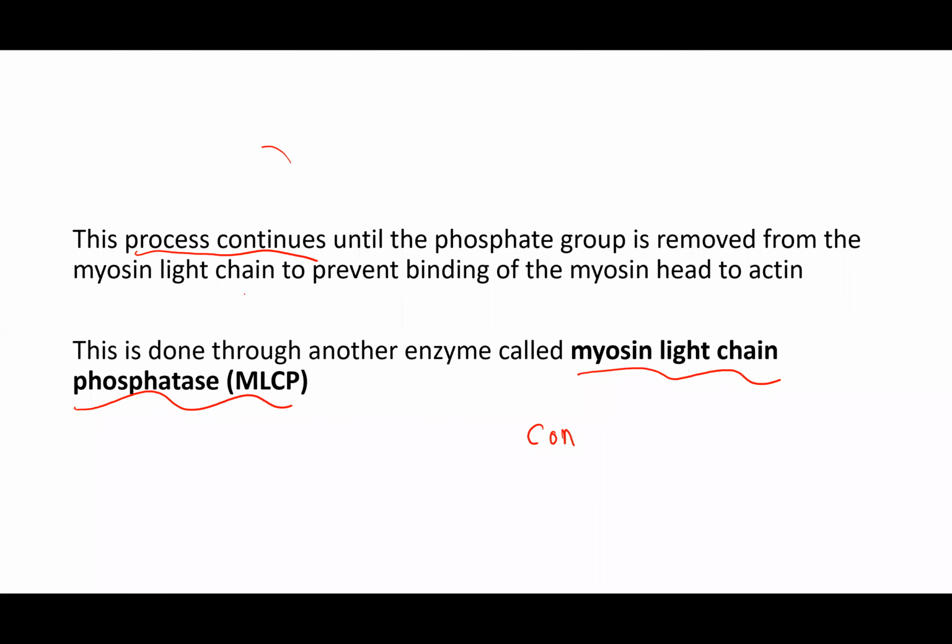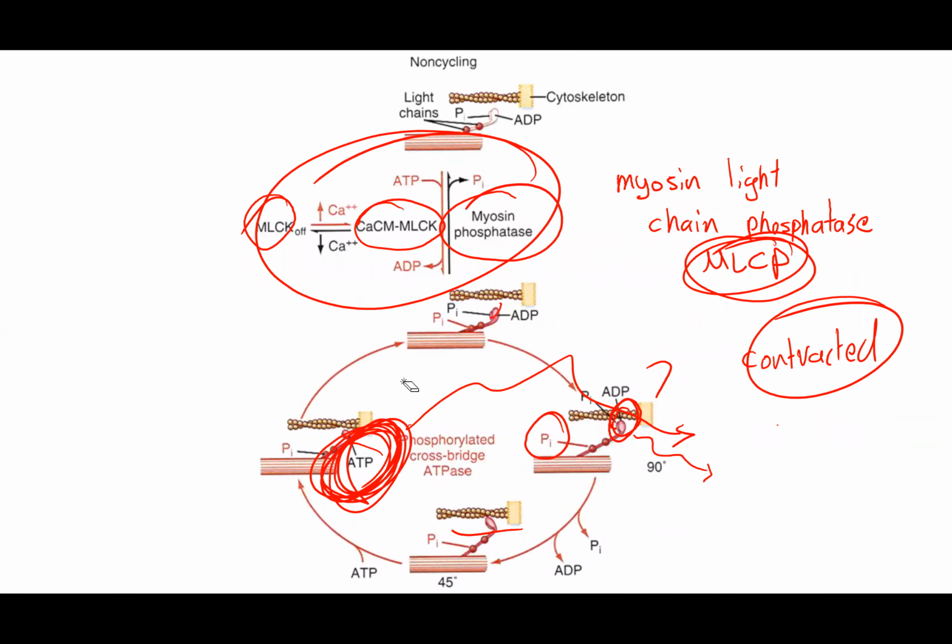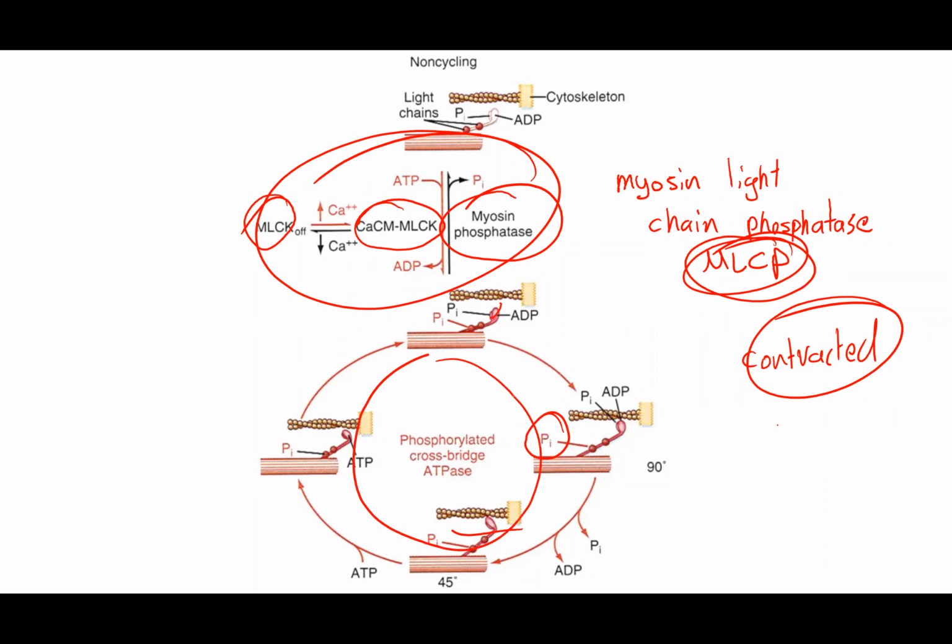Don't worry about the slide, I'm just using a quick slide right here. It needs to stay contracted for a long time. One way it could do that is to just keep going through the cycle over and over again.